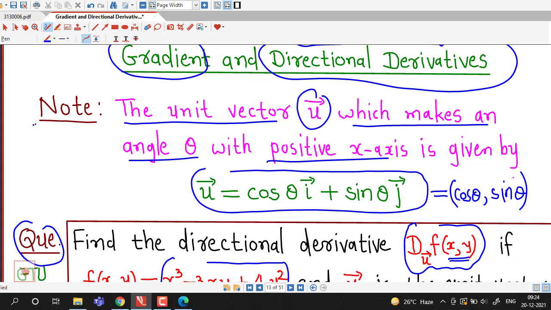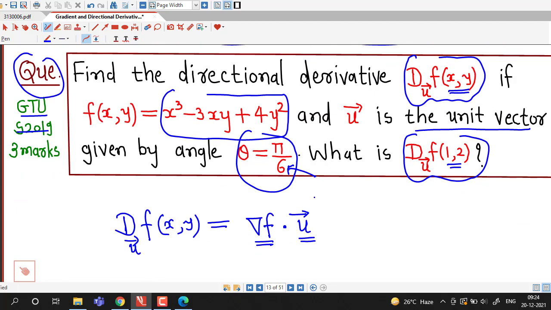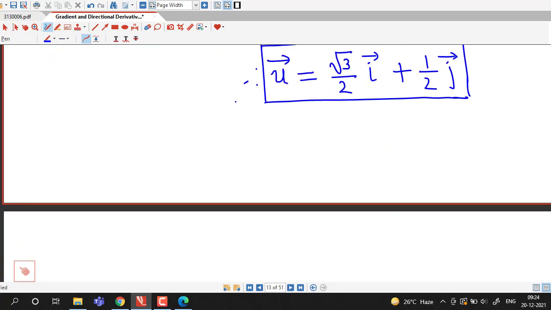So we will remember this remark that the unit vector given by angle theta is cos theta i plus sin theta j. Now the rest of the things are familiar to us. We find the gradient of this scalar function. So first we write down the scalar function x cube minus 3xy plus 4y square.